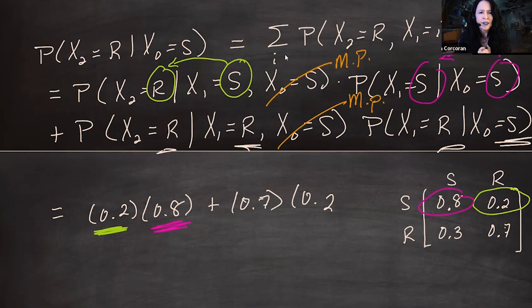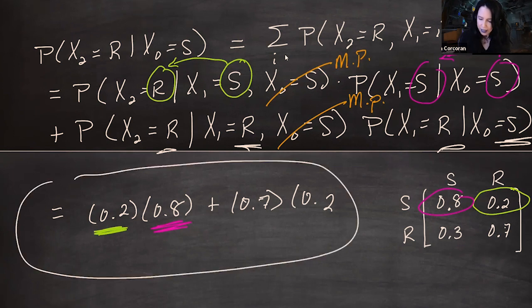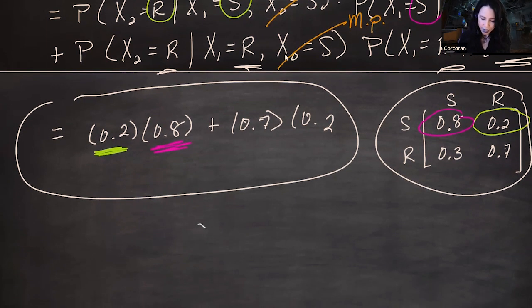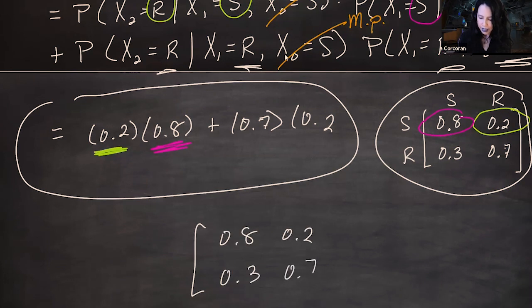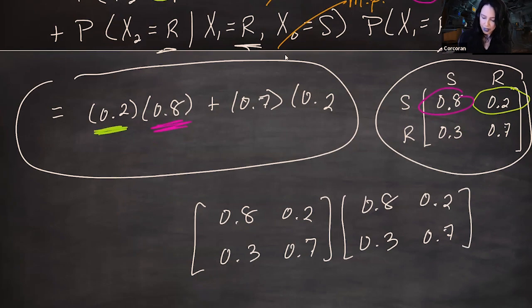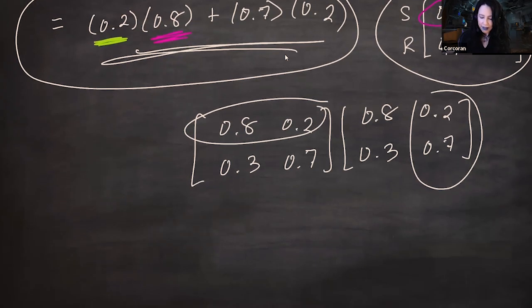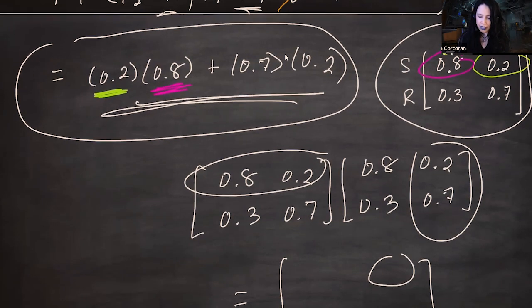Do you see anything here? Look at this answer, and look at this matrix. It kind of looks like matrix multiplication happened. If I were to multiply this matrix, 0.8, 0.2, 0.3, and 0.7, by itself, then when I take this row times this column, I'm going to get this, and that result is going to end up here in a 2x2 matrix.